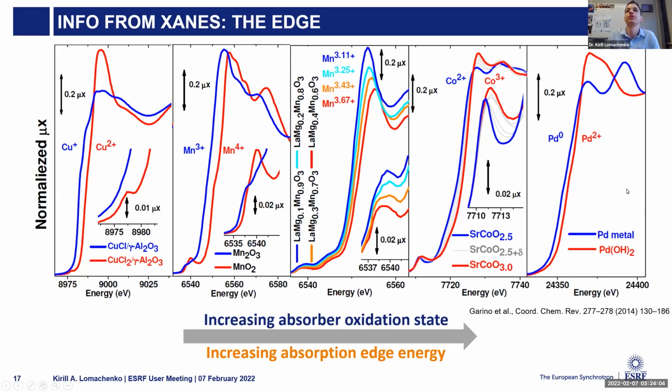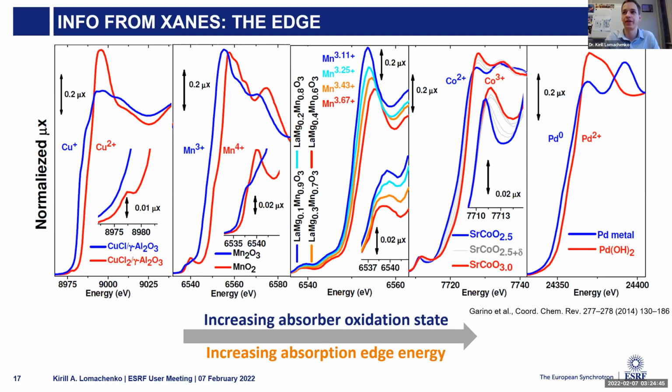What we do when we see an X-ray absorption edge is eject an electron from the core, and the higher the oxidation state, the fewer electrons are around the core. So the higher the screening of the core, the harder it is to eject one more electron. So the more energy it takes, just because all the electrons are interacting more with the nucleus because the screening is lower.